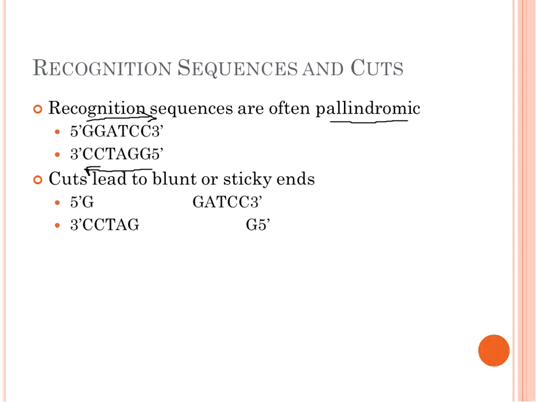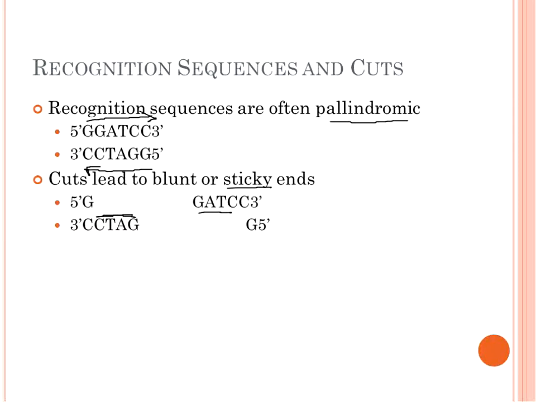So it's palindromic. And oftentimes, when the restriction enzymes cut the recognition sequence, it leads to blunt or sticky ends. In this case, this is a sticky end. What do we mean by sticky end? You see that over here, this is a hanging end, an overhang, right?